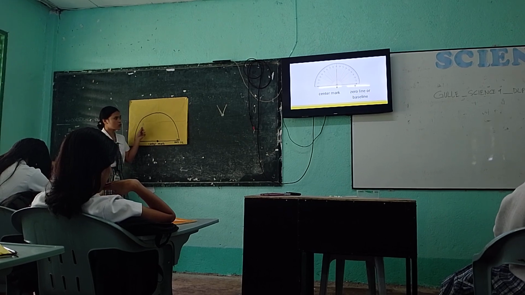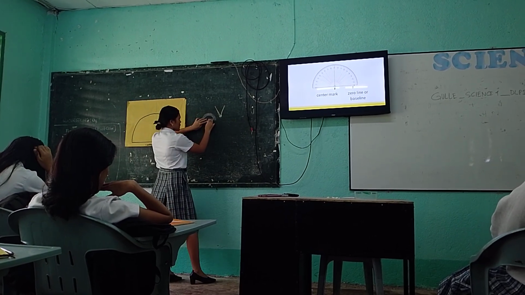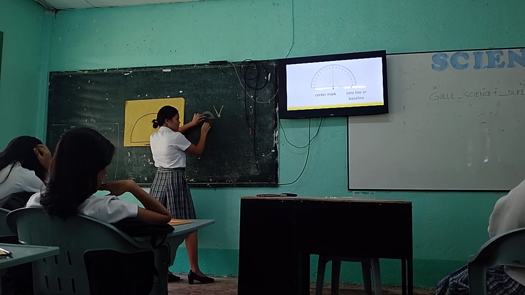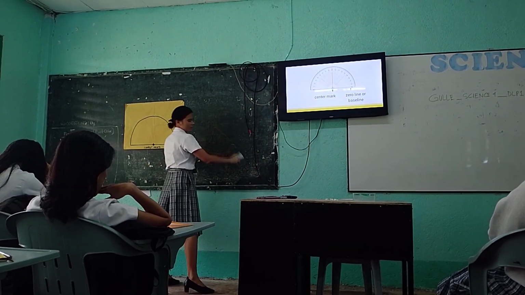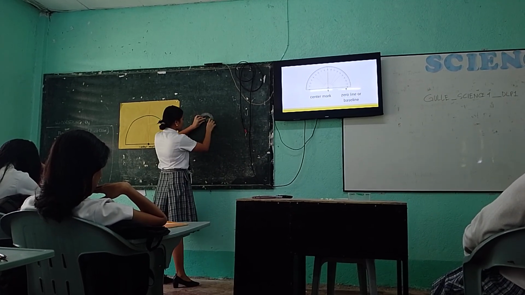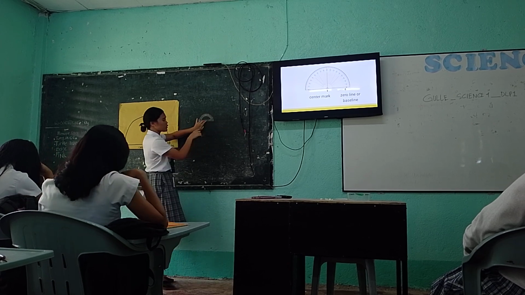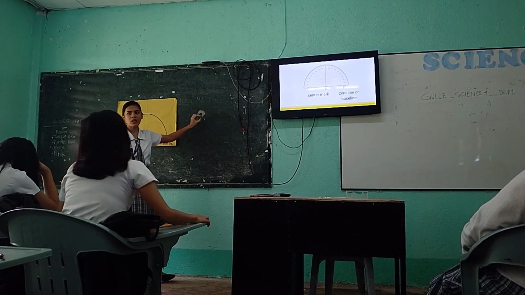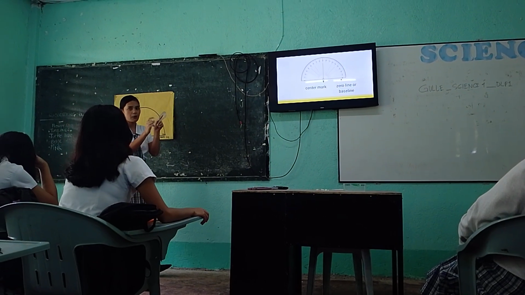So, to measure an angle, what we're going to do is first, I will put a mark here so I can align the center mark. Some protractors have a hole here, so it is easy to mark a point.